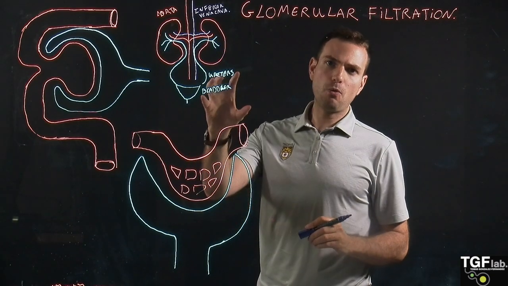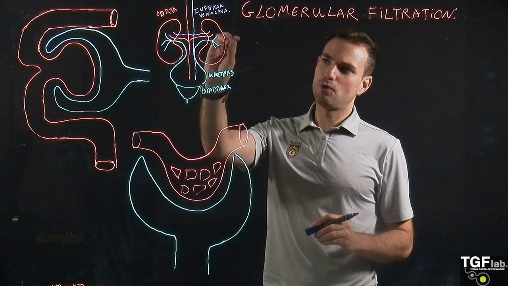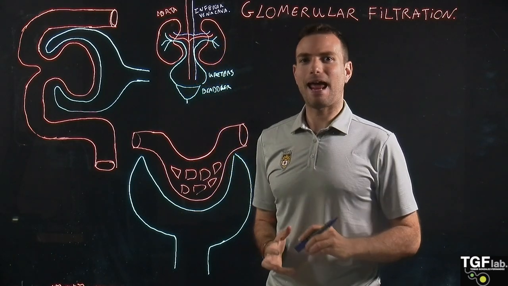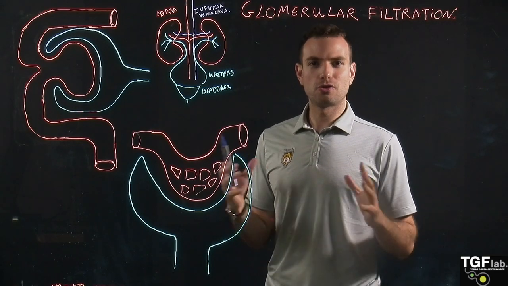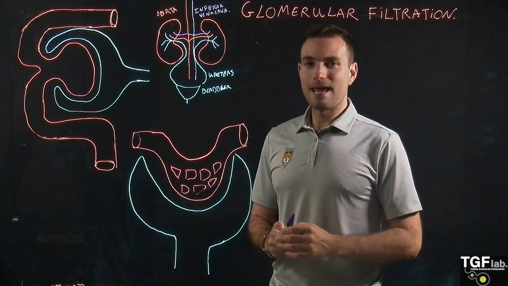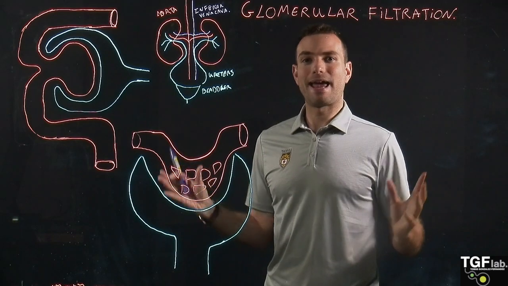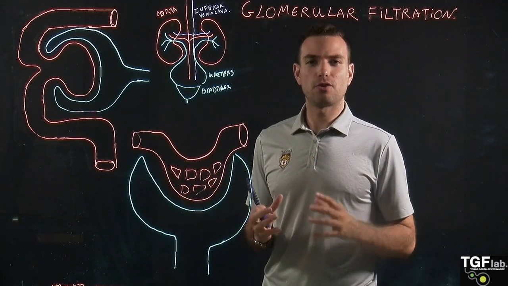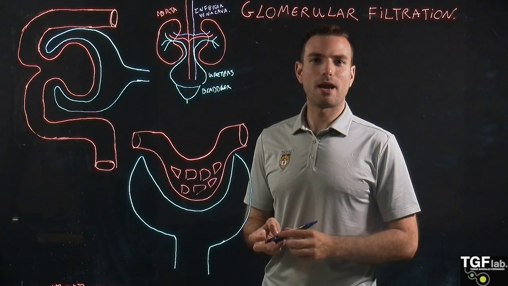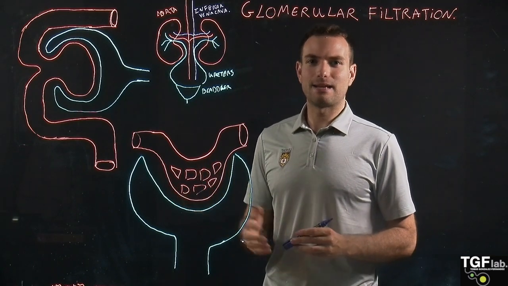So now in this class today we are going to look deeper into this and look at all the processes and all the forces that are going to guide the filtration process. The filtration unit, where all our blood is going to get filtered and we are going to form the urine and get rid of the waste products, is the nephron.